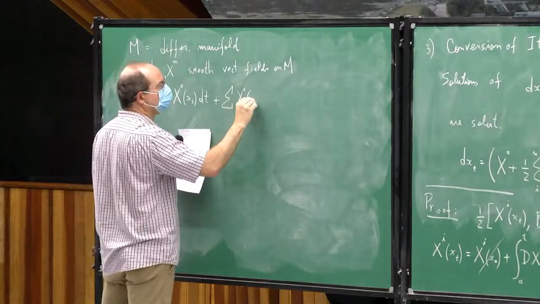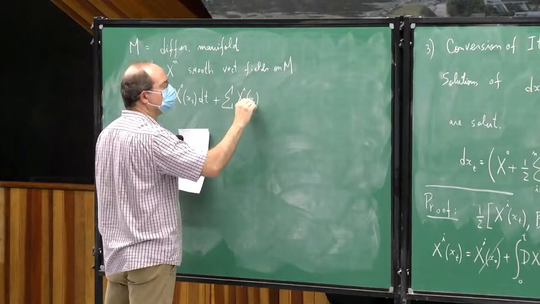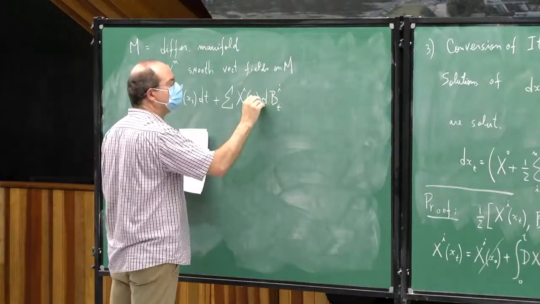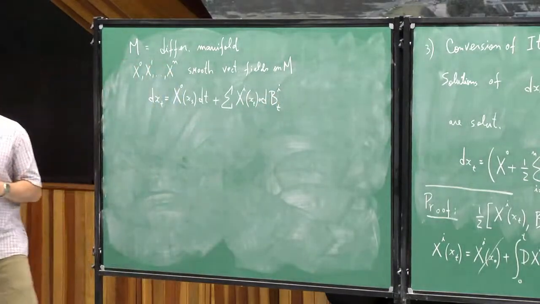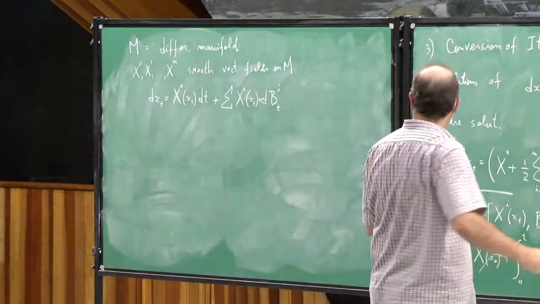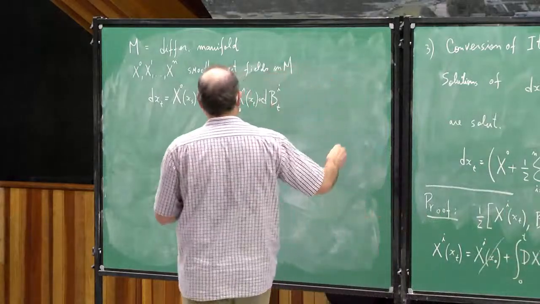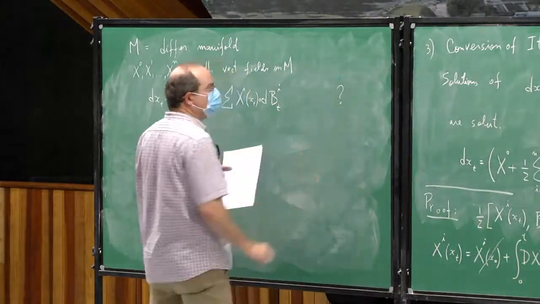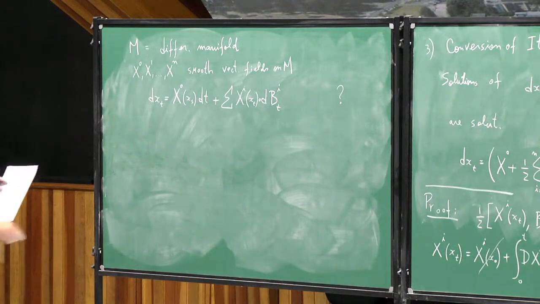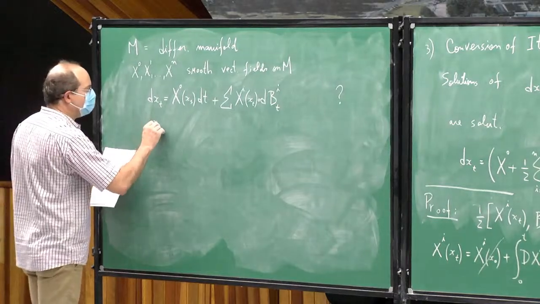Xi, and I'm going to put a little circle here as a Stratonovich. And what's the meaning of that when we are in a surface or in a Lie group or a manifold in general with a certain initial condition x0?